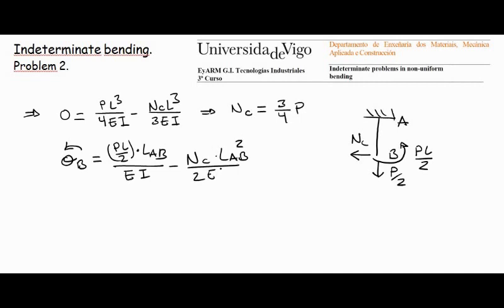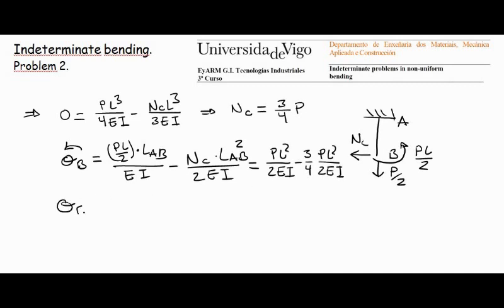divided by 2EI. So this is PL squared divided by 2EI minus 3 over 4 PL squared divided by 2EI.